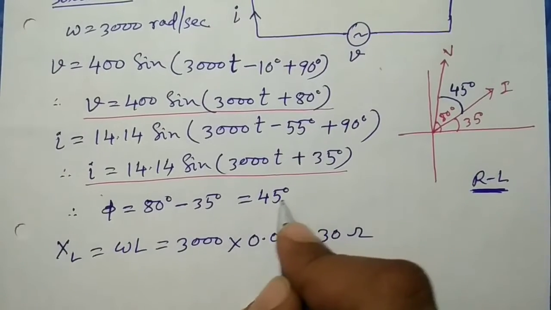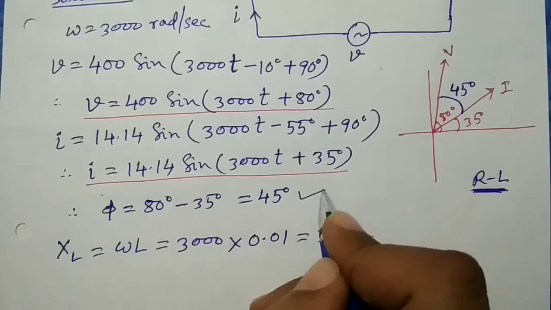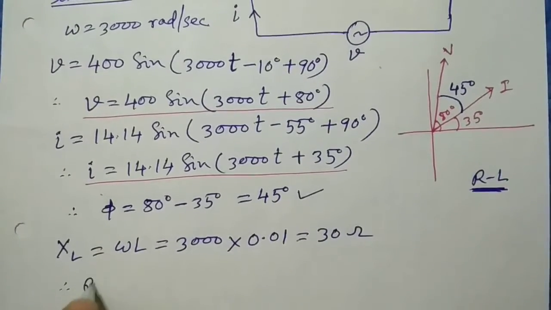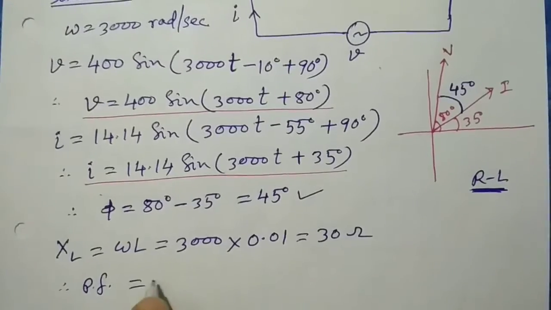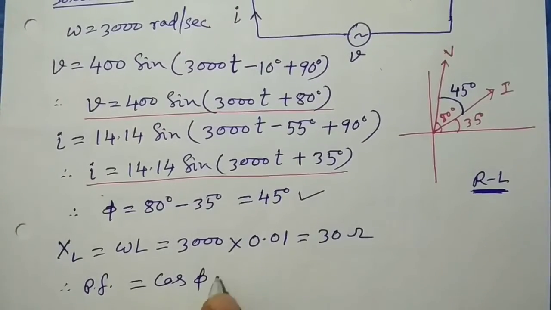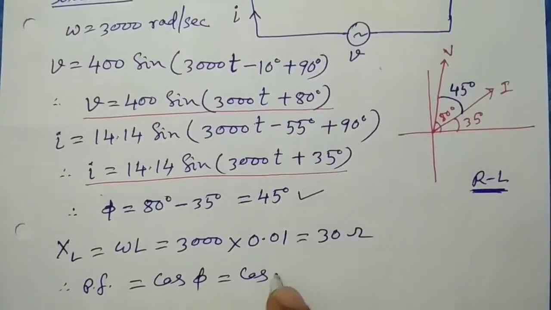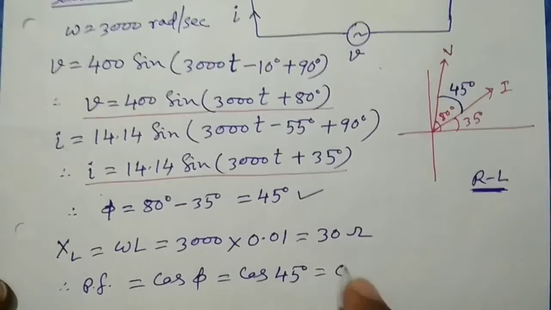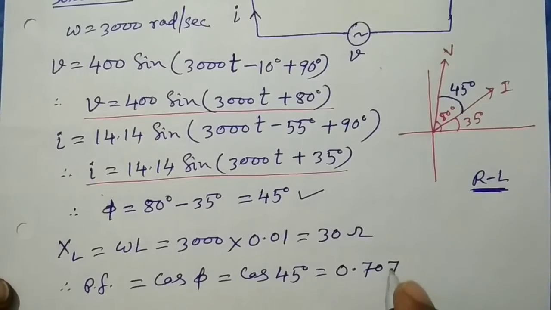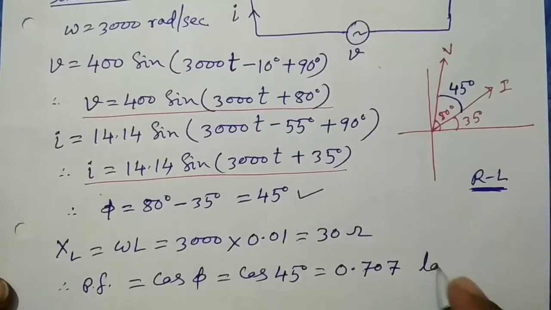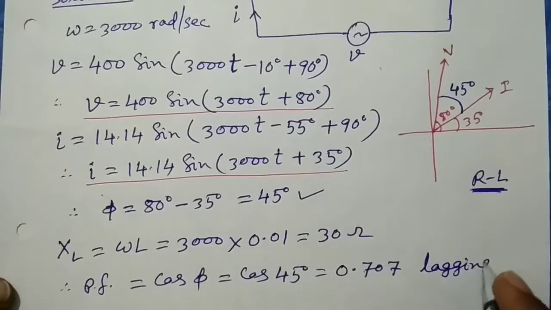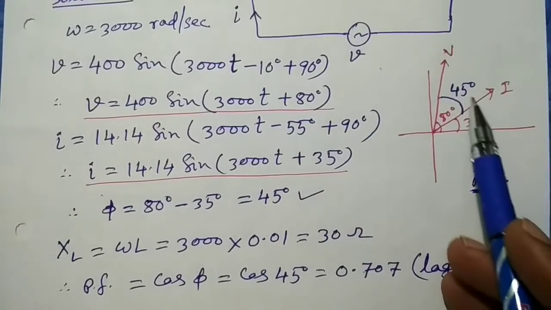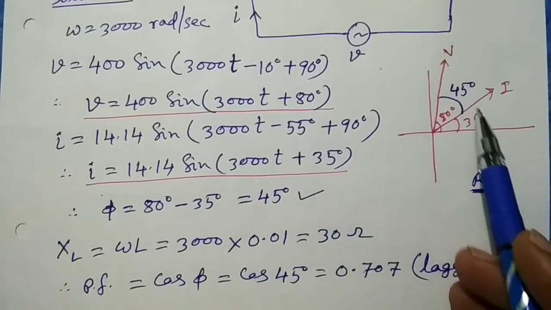As we found the phase angle between voltage and current is 45 degree, the power factor can be calculated, that is cos phi, or cos 45 degree, that is 0.707, and it should be lagging, because from the phasor diagram the current lags the voltage by 45 degree.